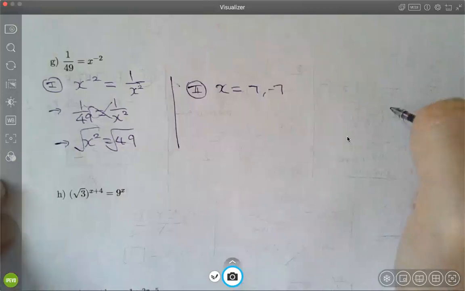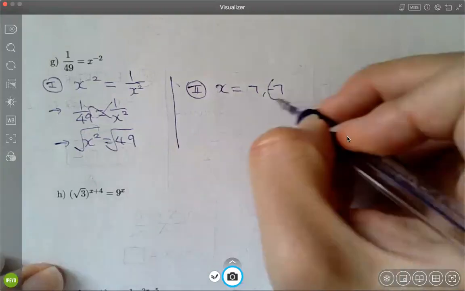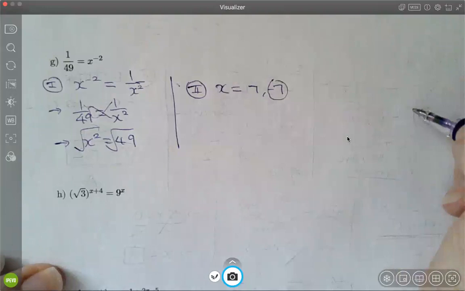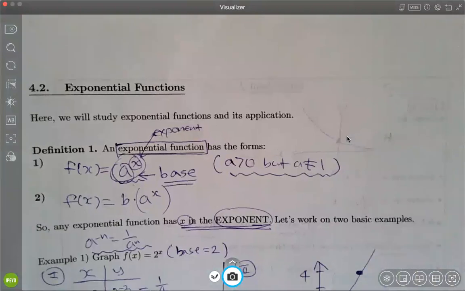Okay, so now here, what gives trouble for some people is this number. So yesterday we saw that the base cannot be negative. Okay, so the base is always positive.